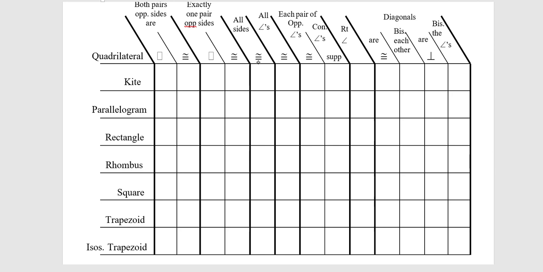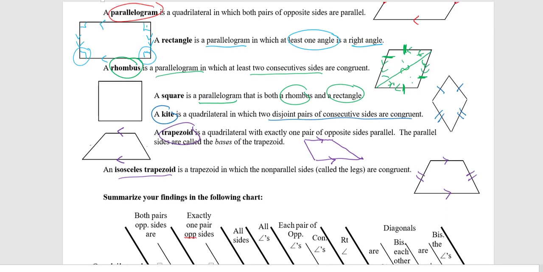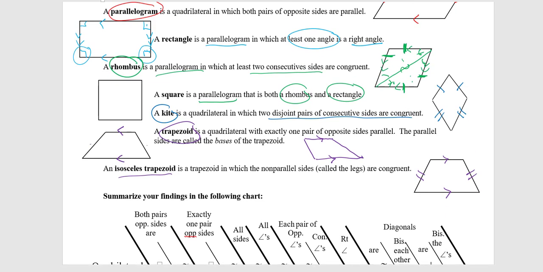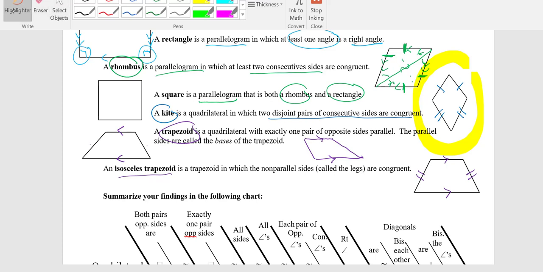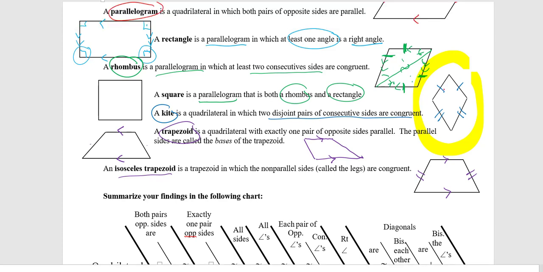In a kite, so let's scroll back up and take a look at a kite. And here's where our kite was. In a kite, you can see that these two pairs of consecutive sides are congruent.